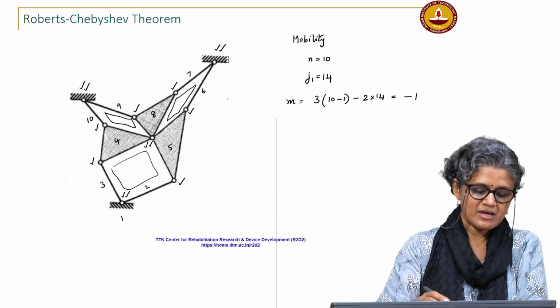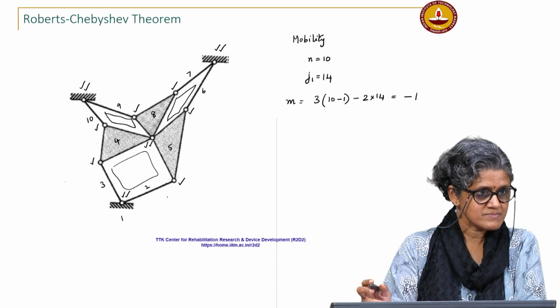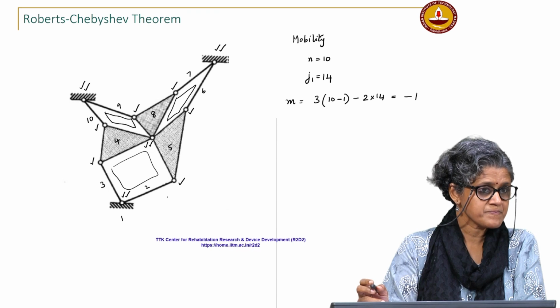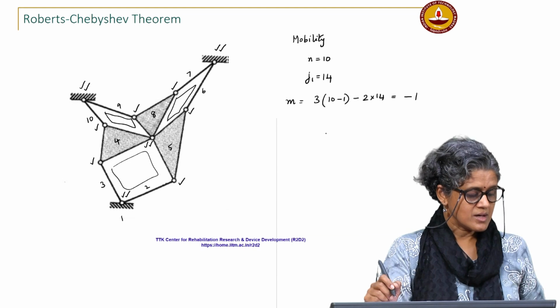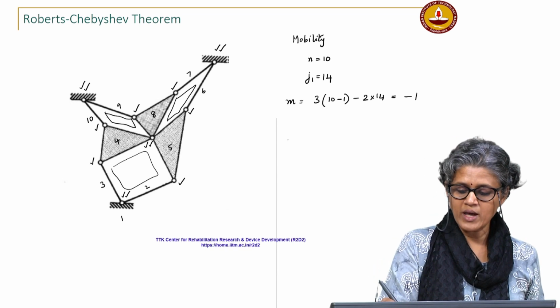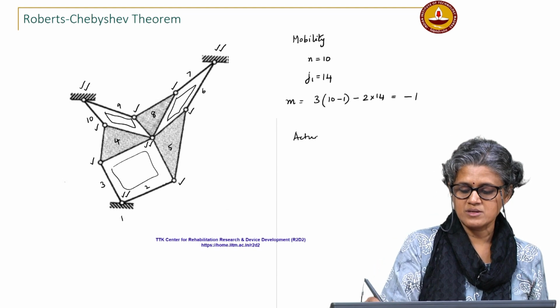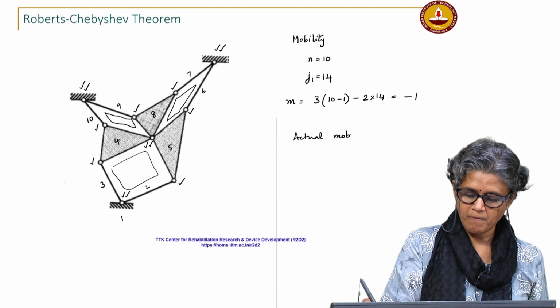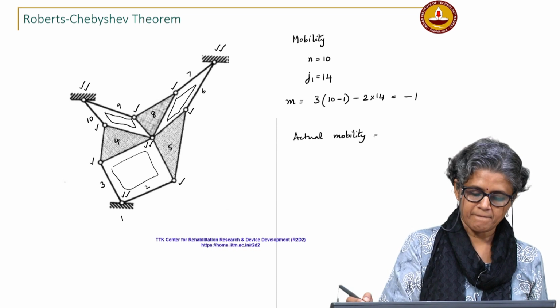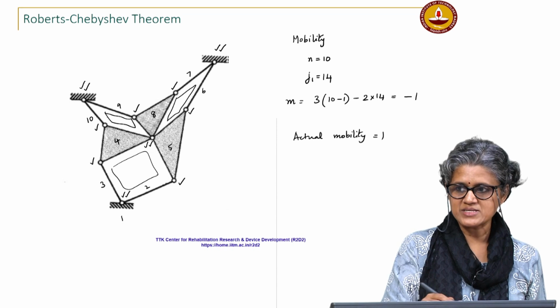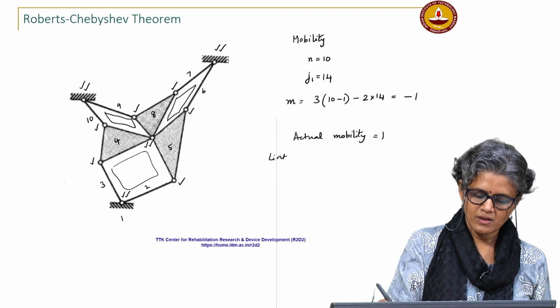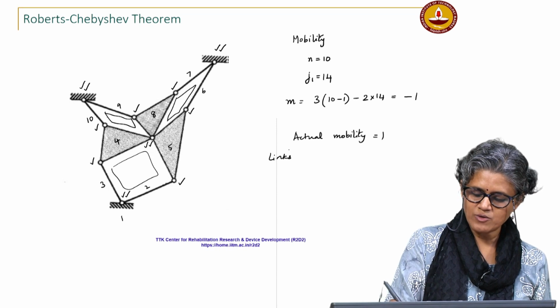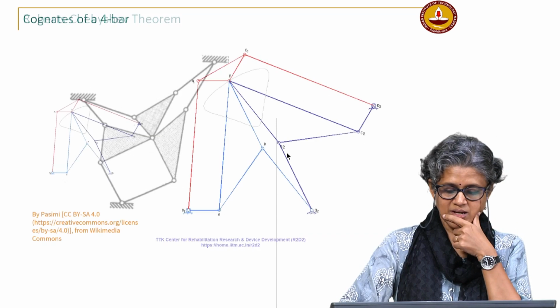If the links form these three parallelograms, then you actually have a mobility of 1 for this mechanism, provided those links satisfy that. So, here is another configuration.